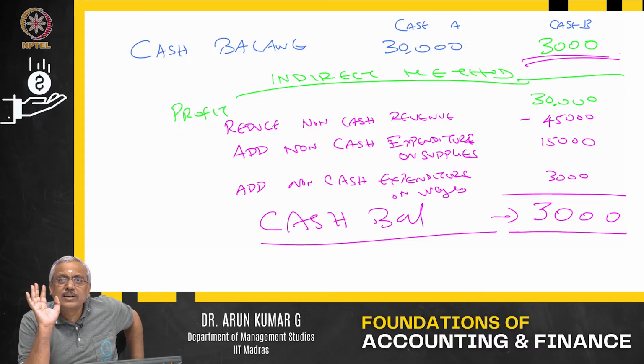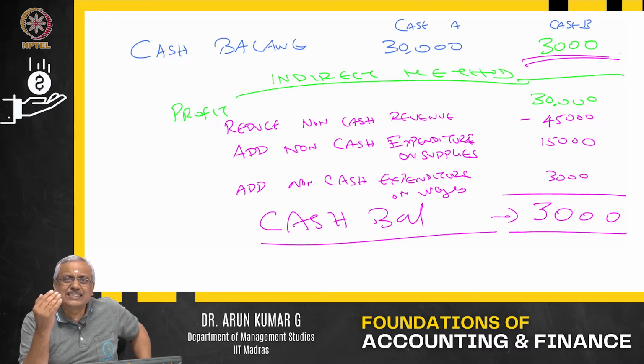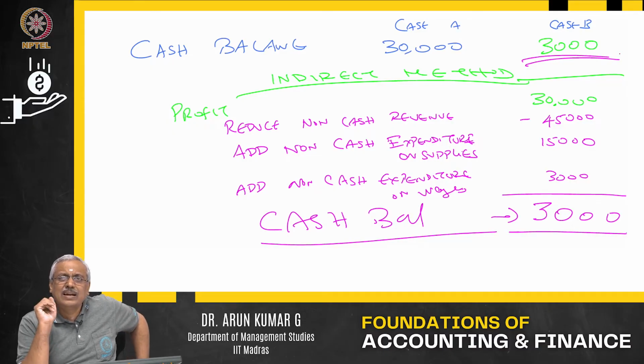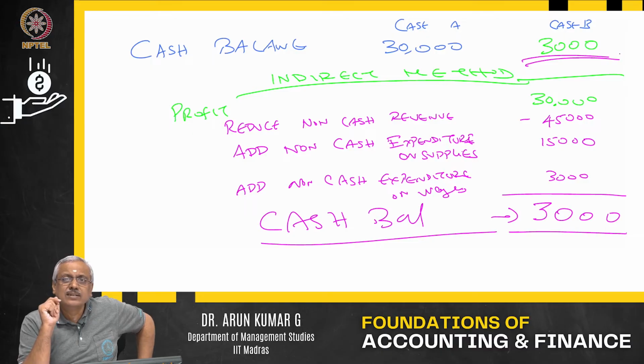So what am I doing? I am using the P&L and adding back all the non-cash expenditures and non-cash incomes and then finally arriving at it. So why is the balance sheet required? Simple. Depreciation is a non-cash expenditure. You will know from the P&L, agreed.